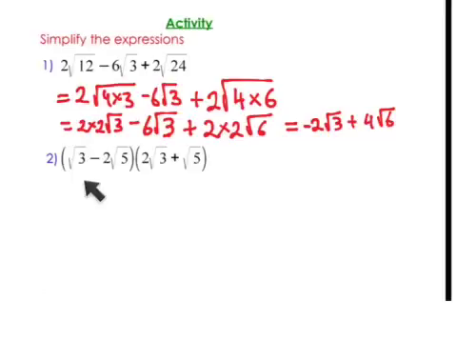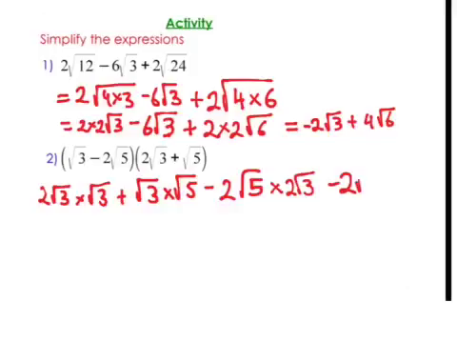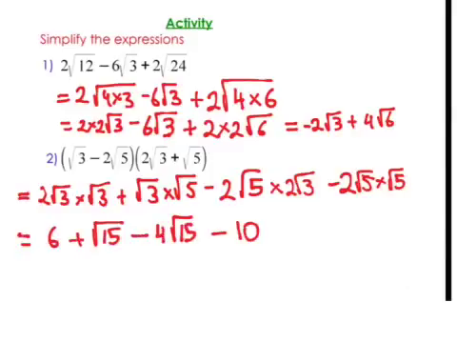Now here is a double bracket multiplication involving surds. So we expand the brackets, and we're going to have 4 terms multiplying, and these are the 4 terms. Now simplifying that, the first term will give us a 6.